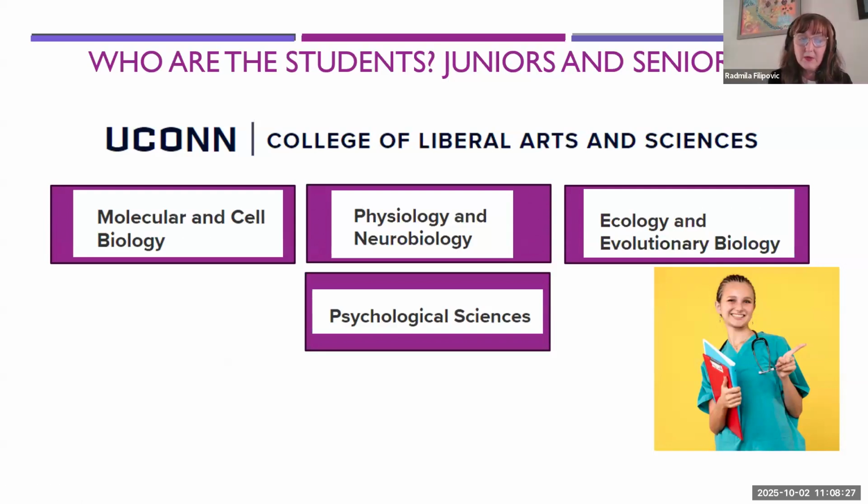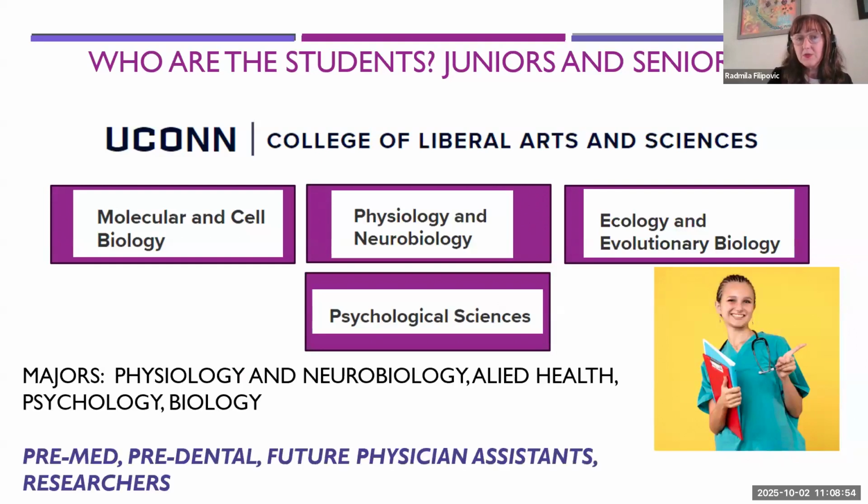So with introductory neuroanatomy, when I proposed that course, I was targeting different students. In our College of Liberal Arts and Sciences, there are a couple of departments where students are coming from to my class: molecular and cell biology, physiology and neurobiology, EEB, and psychological science.